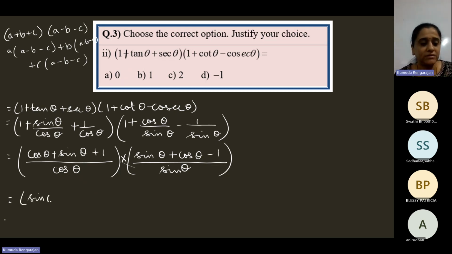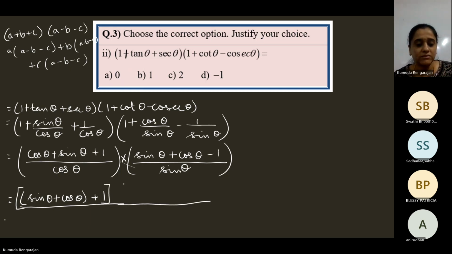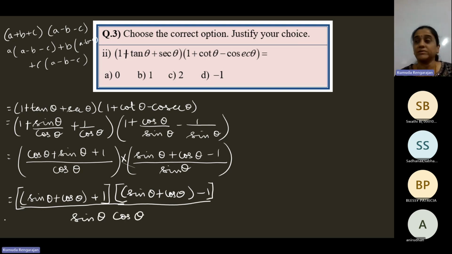So sin theta plus cos theta plus 1, into sin theta plus cos theta minus 1, divided by sin theta into cos theta, or cos theta into sin theta, whatever. When you look at the numerators, the terms are the same. So we have written it in the form a plus b into a minus b, where a is sin theta plus cos theta.